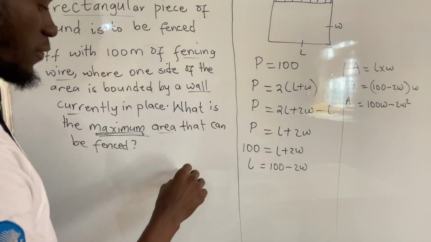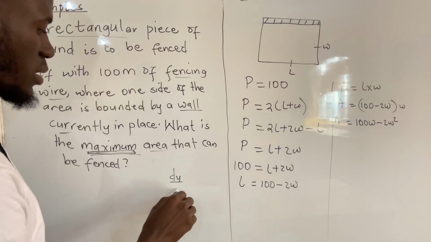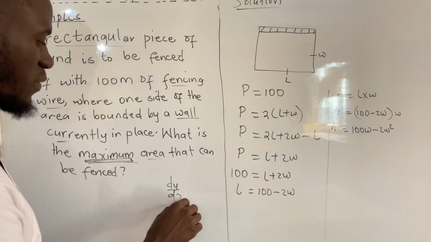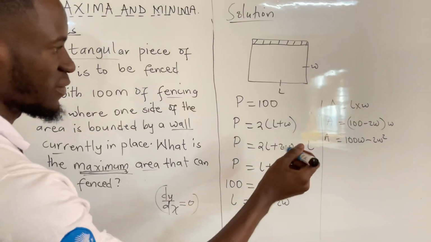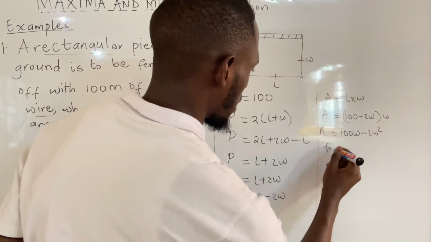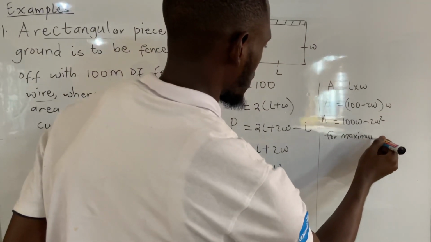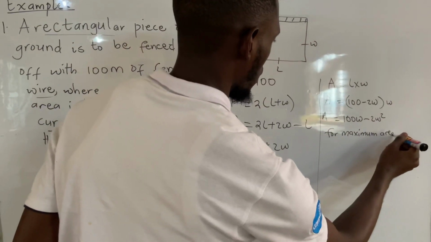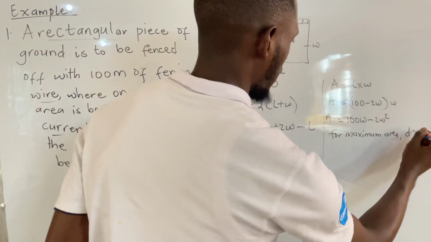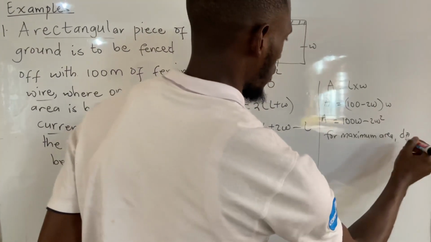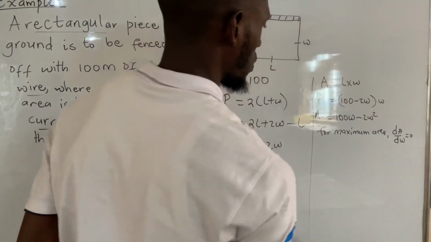When they talk of maximum area, those of you who watched the previous video, we said that for something to be maximum, the derivative is 0. So for maximum or minimum, the derivative of area with respect to width is equal to 0.